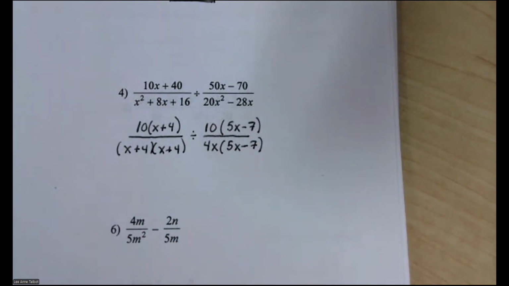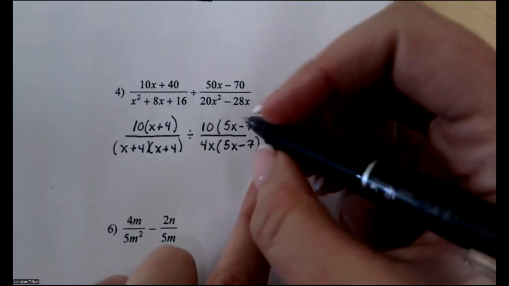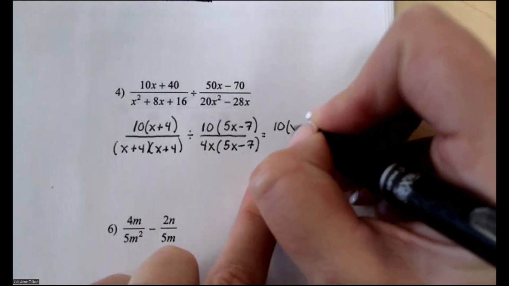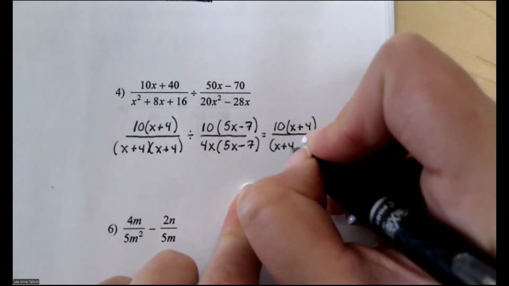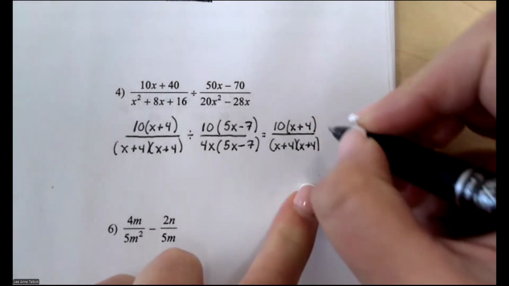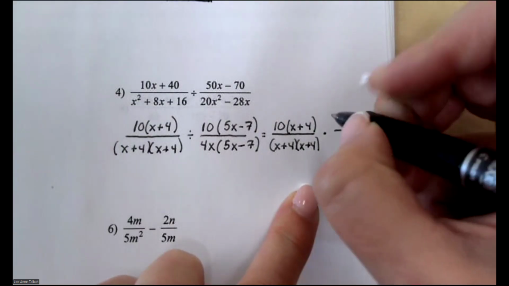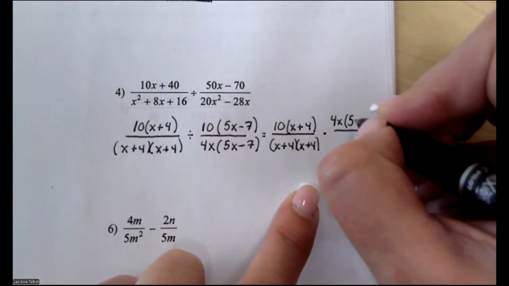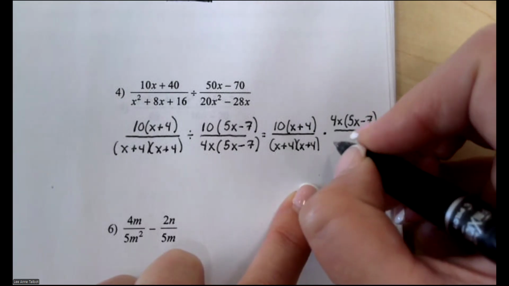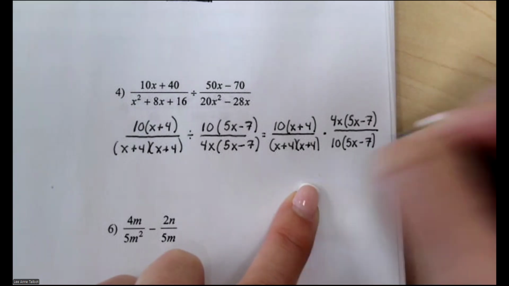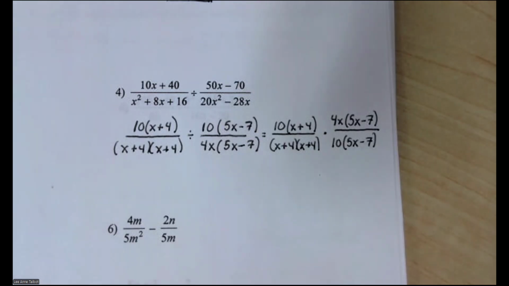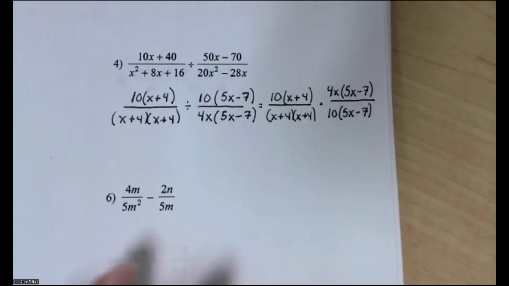Okay, any questions before I move on? Everybody okay? Now I'm going to write out the keep, change, flip. You might be thinking to yourself, Mrs. Talbot, why are you not canceling stuff?